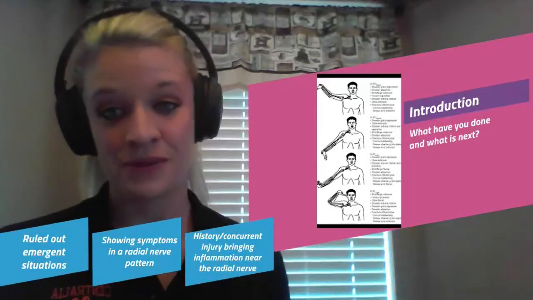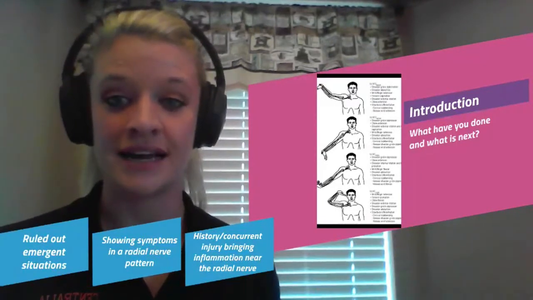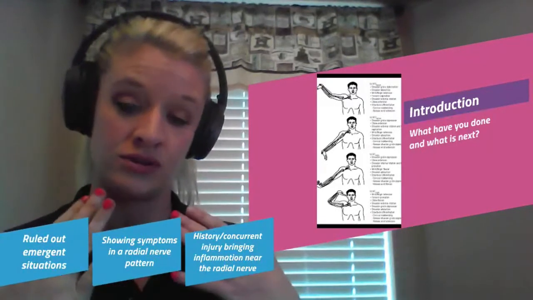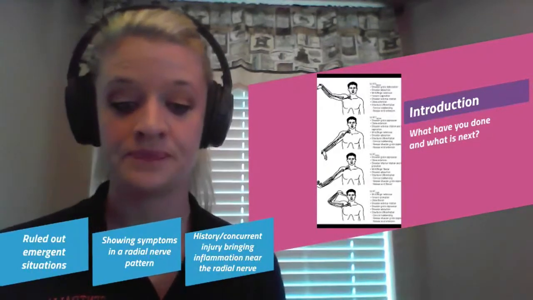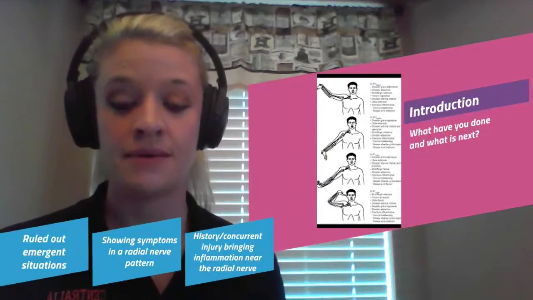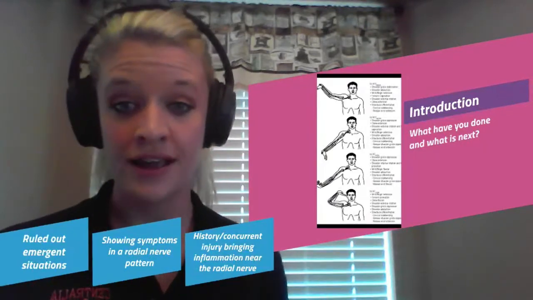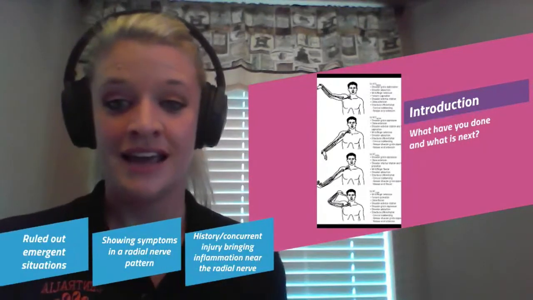If you feel that you are in the right place and your patient is presenting radicular symptoms, so symptoms that are going away from the nerve root, and it happens to be a radial nerve pattern, please stay tuned.